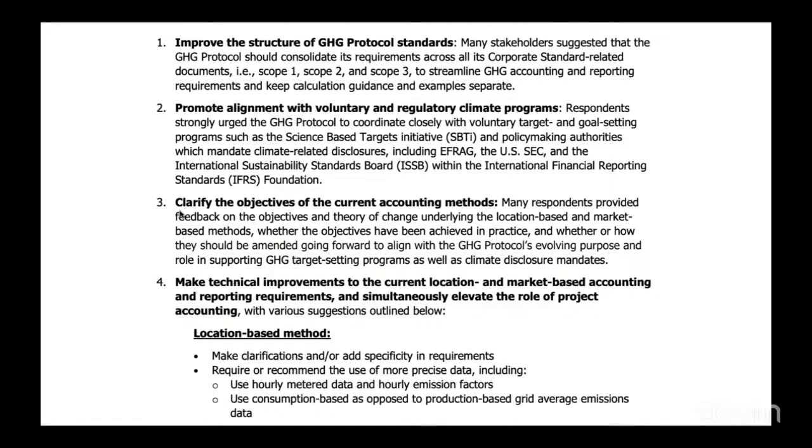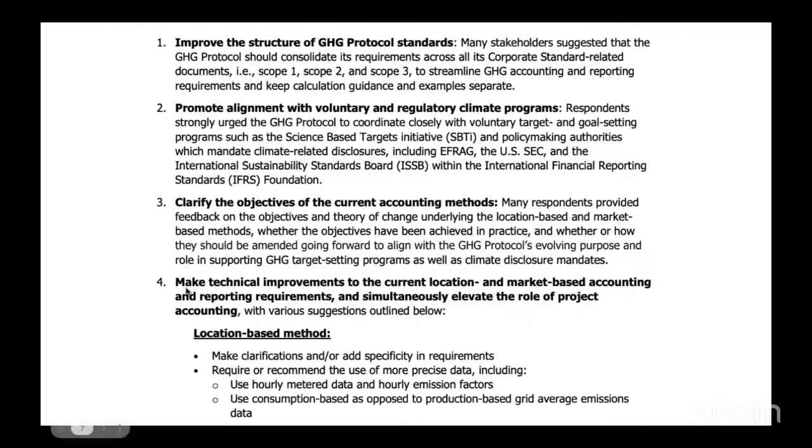Third, clarify the objectives of the current accounting method. Many respondents provide feedback on the objectives and the theory of change underlying the location-based and market-based methods, whether the objectives have been achieved in practice, and whether or how they should be amended going forward to align with the GHG Protocol's evolving purpose and role in supporting GHG target-setting programs as well as climate disclosure mandates.